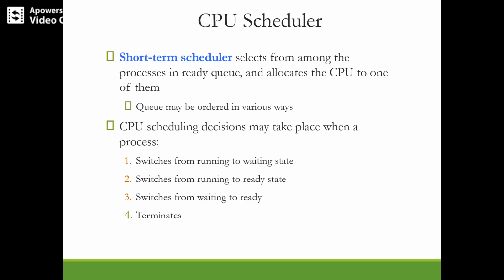And in preemptive scheduling, it interrupts the processor for some particular time, or maybe until the burst cycle completes, and then transfers the CPU to another process. So here the switchover takes place from the running state to the ready state, and again it may wait for some IO event, so it goes to the waiting state and then comes back to the ready state for next execution.